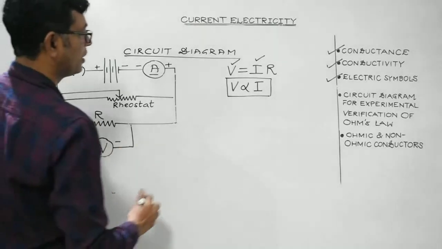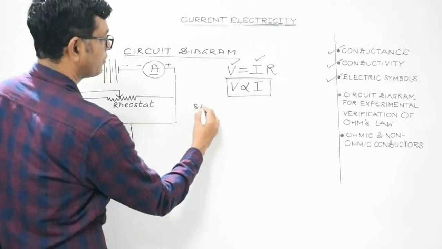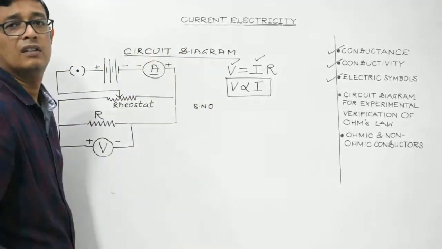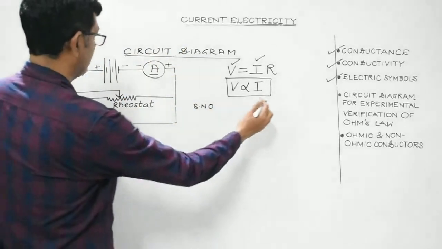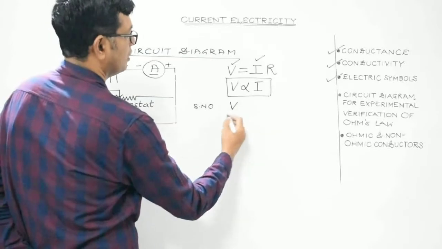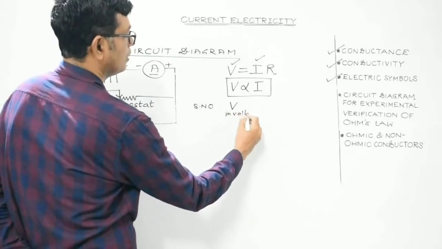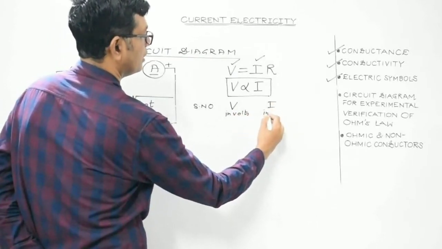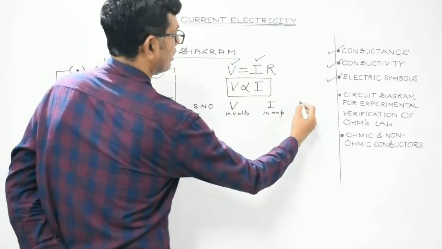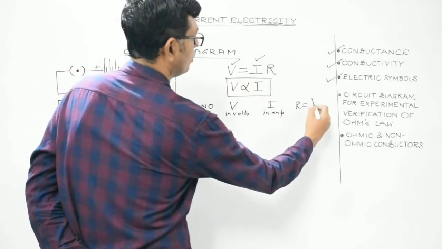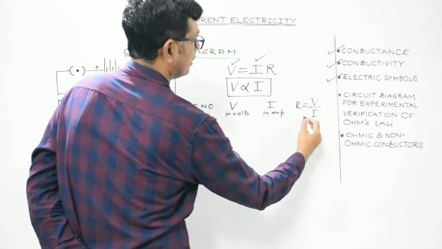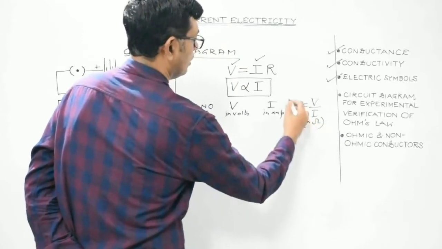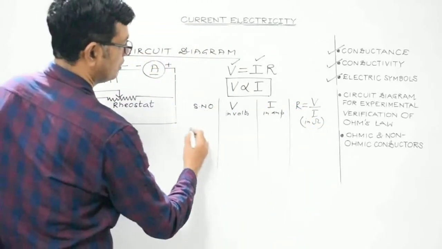Now during the experiment, you need to take several observations. Like this is V in volts, this is I in ampere, and R, which would be equal to V by I, is in ohm. So you can prepare these columns.